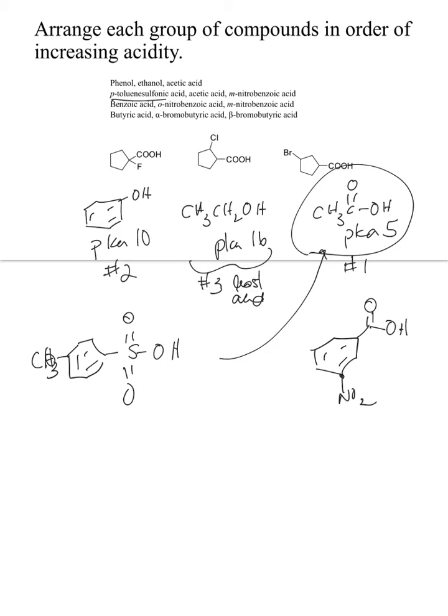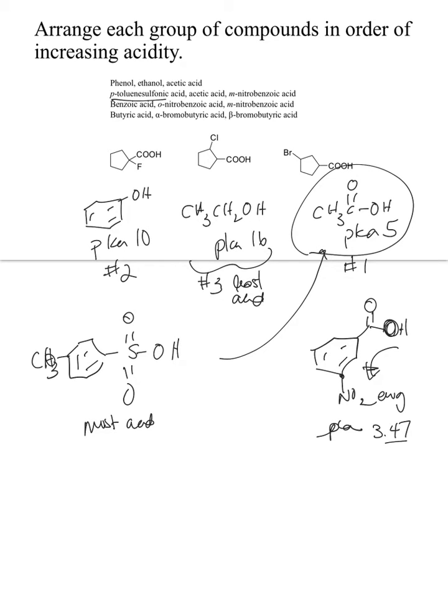So this is an electron withdrawing group. So it is pulling the electron density away from this oxygen, which is going to make it more acidic than your normal benzoic acid. The pKa of the meta is about 3.47, and tosic acid is your most acidic.